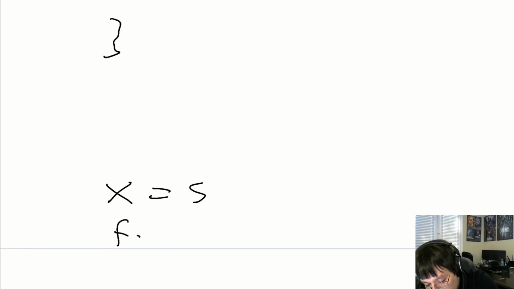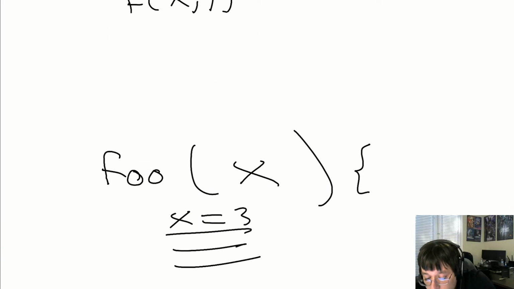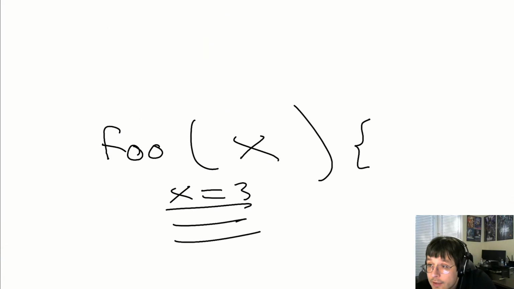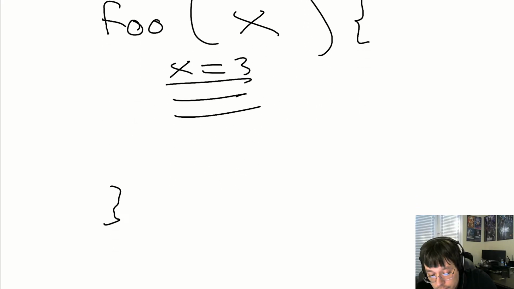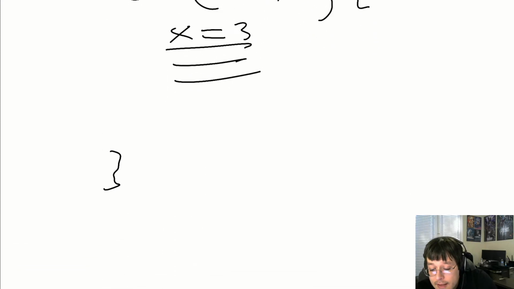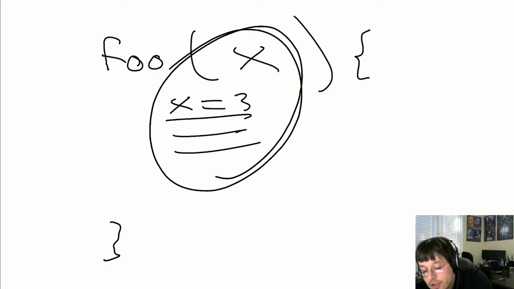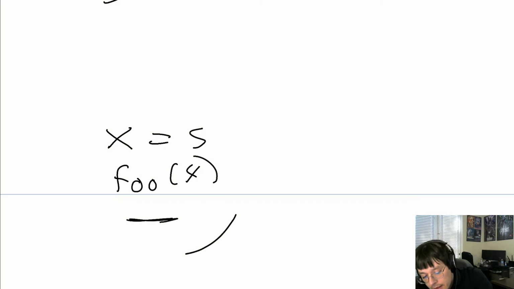So if I call foo with x, and afterwards I want to print out what x contains, in a language like C++, if I'm passing this by reference, then this would actually modify the original x, which means that x would change here. If I'm passing by value like I'm doing in Python, then even though the x is being changed here, only the local instance of x is being changed. This will remain the same and untouched.